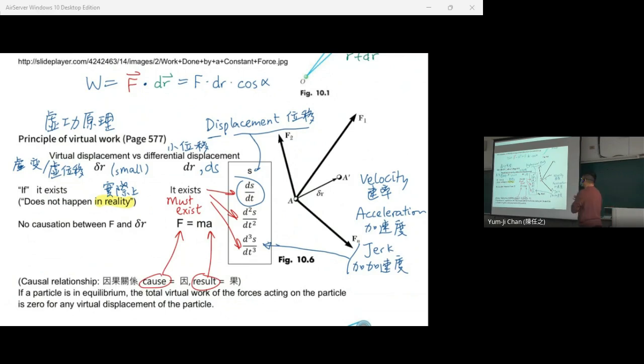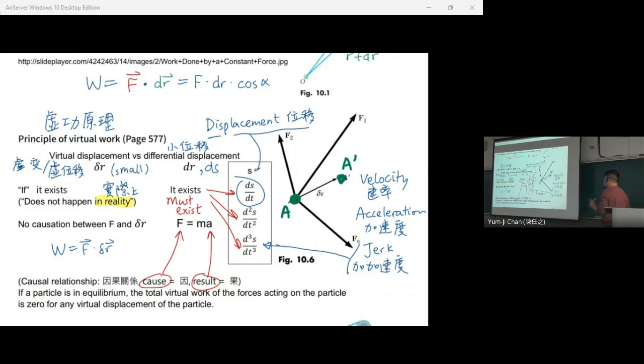Second thing, if we talk about W equal to F dot delta R, for example, the particle moves from A to A prime here.